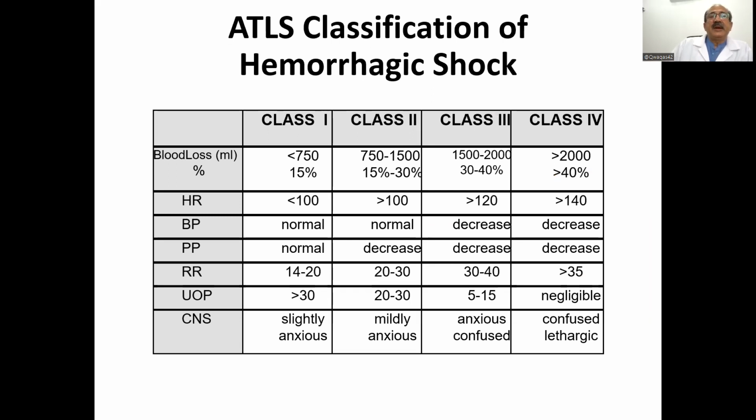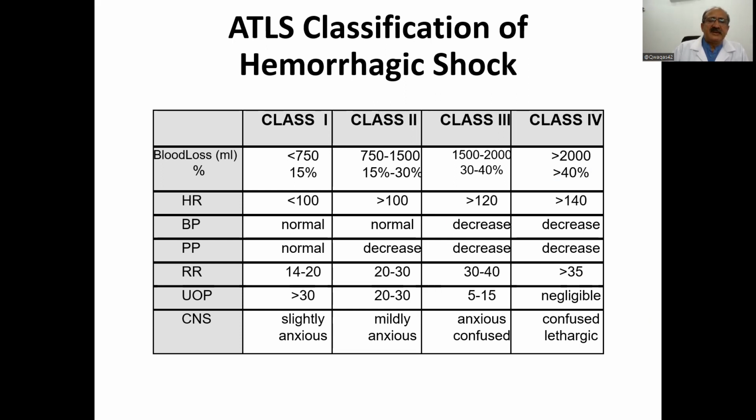If we look at the ATLS classification, this can also help us, provided you are able to calculate the blood loss. There are 4 classes. Class 1, in which the blood loss is less than 750 ml or 15% of the total blood volume.